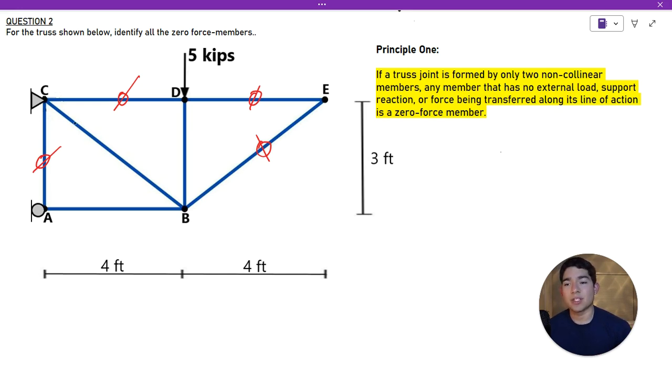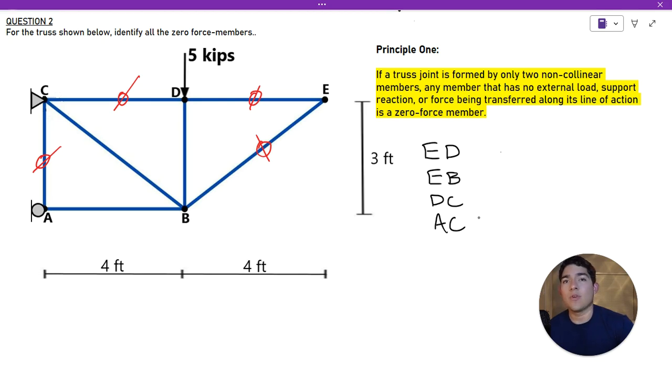That's what we've done in the previous sections. So therefore, this diagonal member is enough to handle the reaction forces at this pin. And therefore, that further confirms that these two members are zero force members. So therefore, the answer to this question is all the zero force members are ED, EB, DC, and AC.